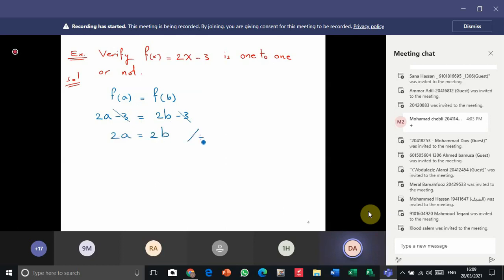Also, we can divide both sides by 2. So we have A equals B. We start with f(A) equal to f(B) and at the end we show that A equals B, so f of x is a one-to-one function. Okay, any question?